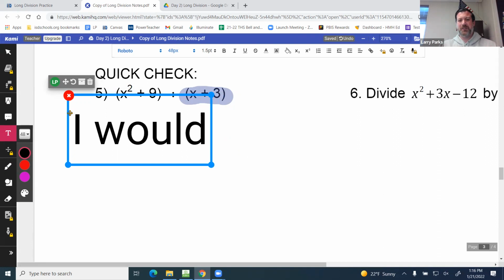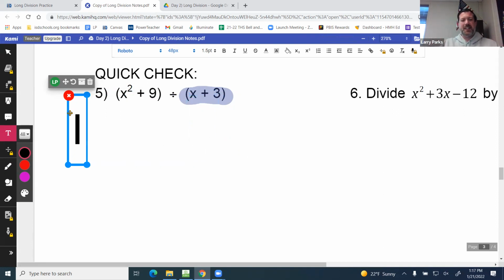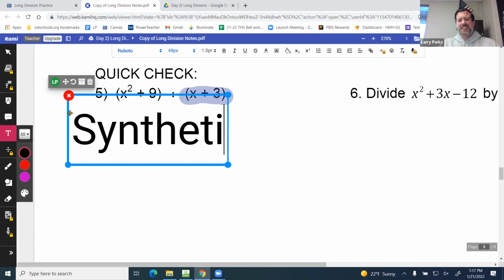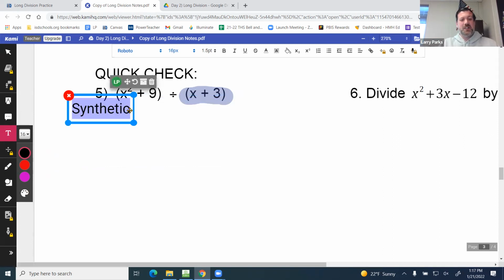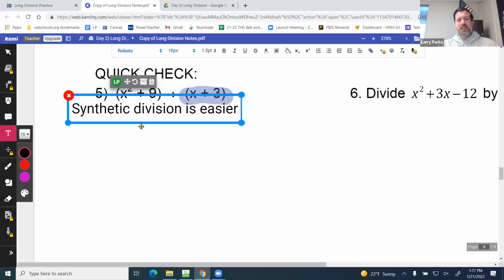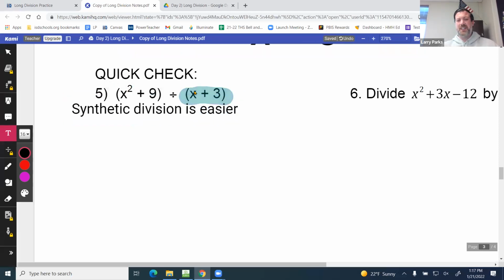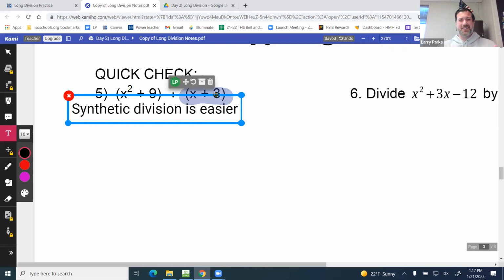Okay, so this will be proof that you watched the video. But anytime it's simple like that, let's just say synthetic division, which is next class period, is easier. And you'll see why. Anytime it's just a variable with a number, let's use synthetic.